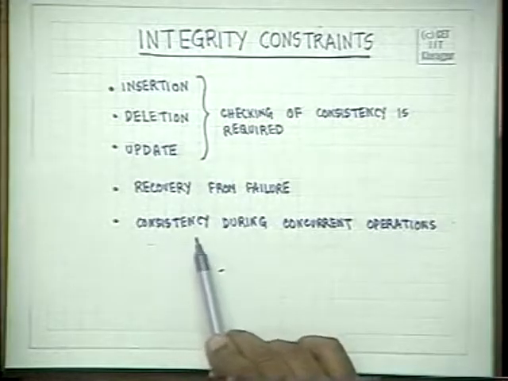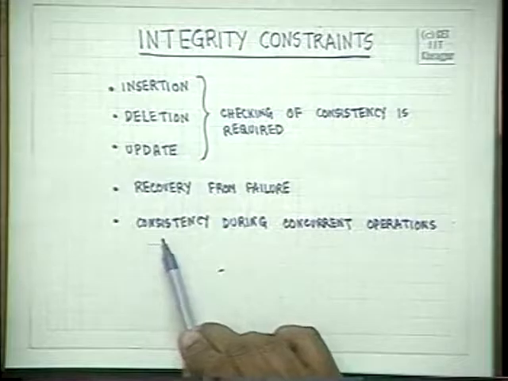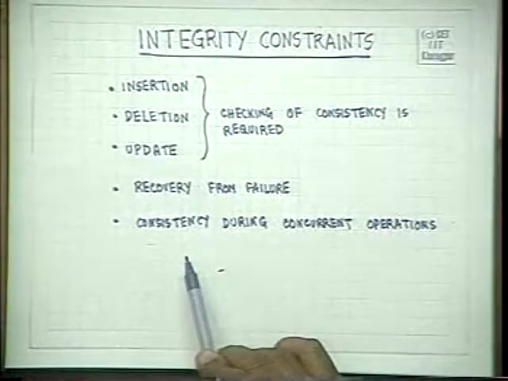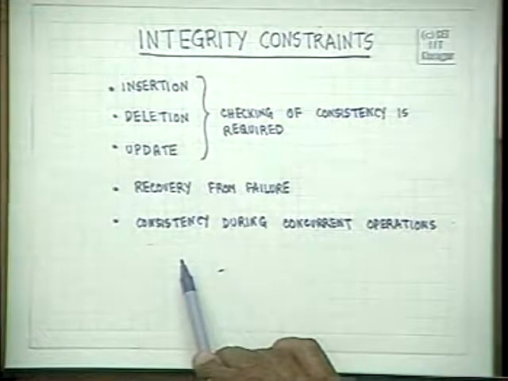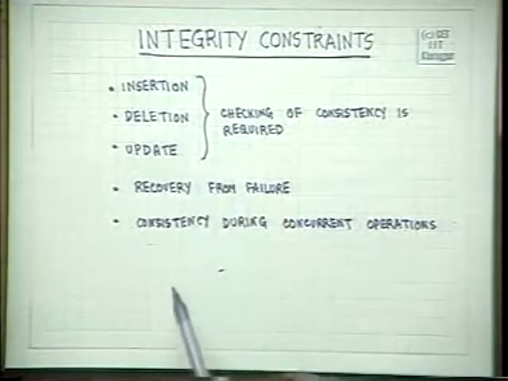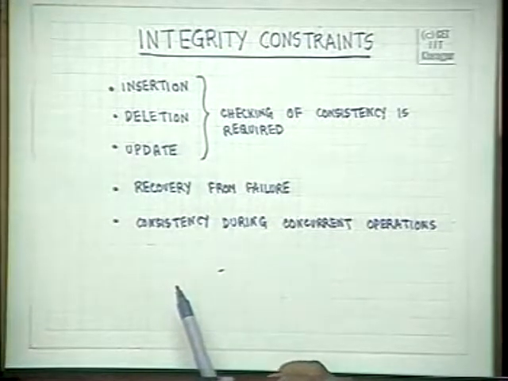But when they insert, delete, or update shared data, then there is an added consistency problem which occurs due to racing conditions. The problem is similar to that of working on shared data in operating systems, and the similar problem will appear here. So, all these consistency checks have to be made during the operation of the database.